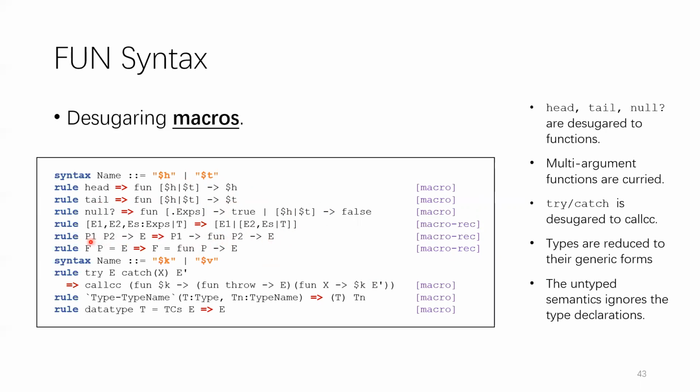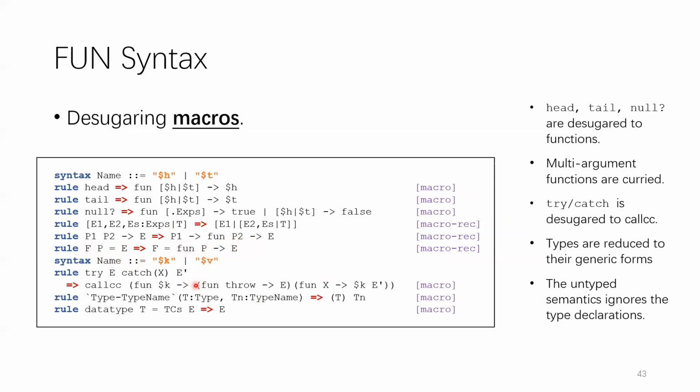If we see found P1, P2, arrow E, it will be found P1, arrow found P2, arrow E. And we can use a binding like this to define a function. So instead of saying let F equals found something, we can say let F P1, P2 equals E to define a function for F.